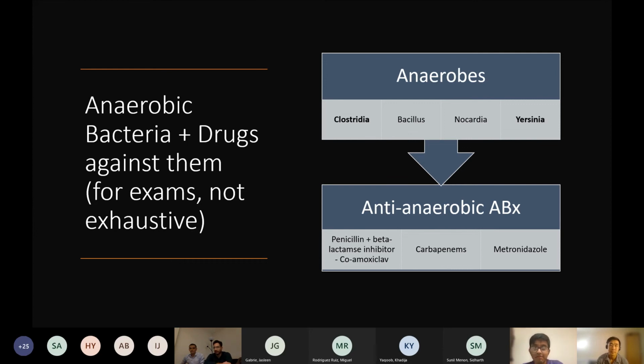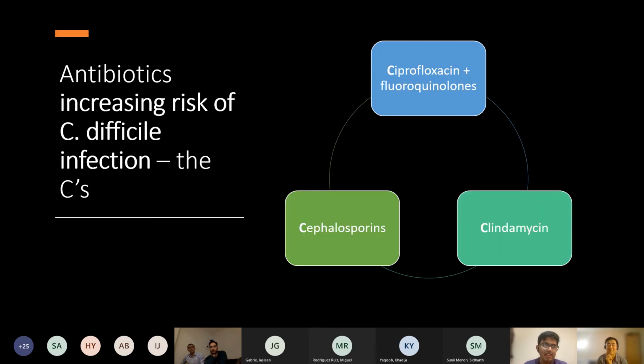So co-amoxiclav or Tazocin cover anaerobes very well. Carbapenems hit almost everything because they're very toxic and very rarely used. And then metronidazole in particular. And then there's 2 more cheat sheets, and then we'll finish.